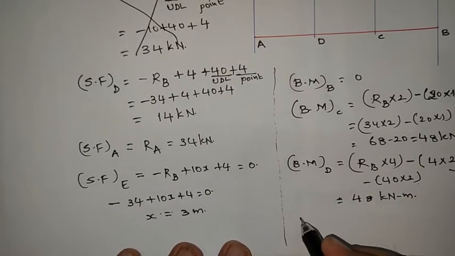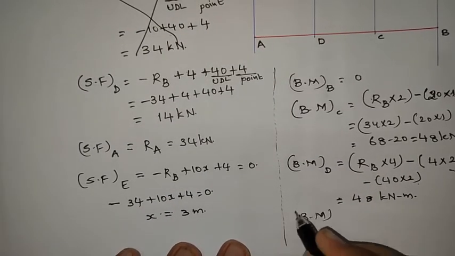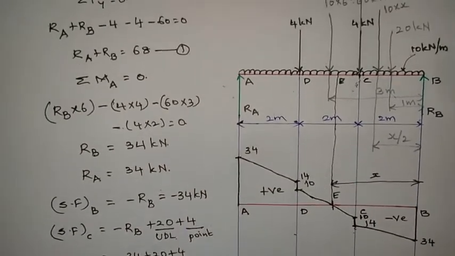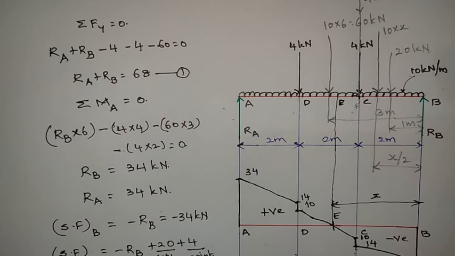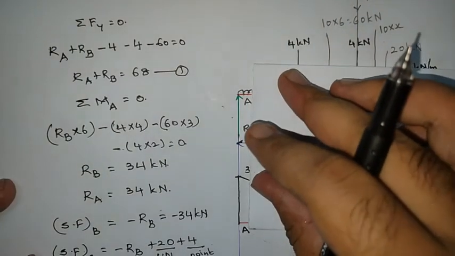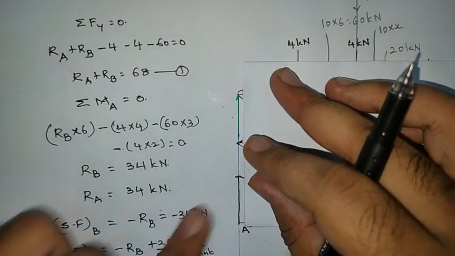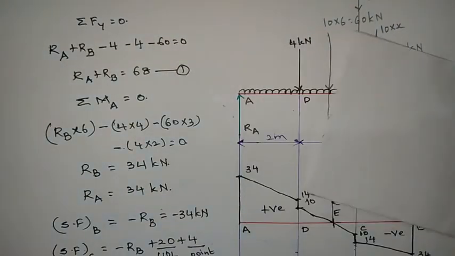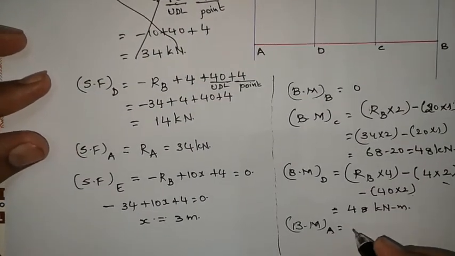So then you get 48 kilonewton meter. Next, calculate the bending moment at A, that equals to, so close the right side of A, then what you will get, on the left side of A you will get only RA, but the distance is 0, so bending moment at A equals 0, right?